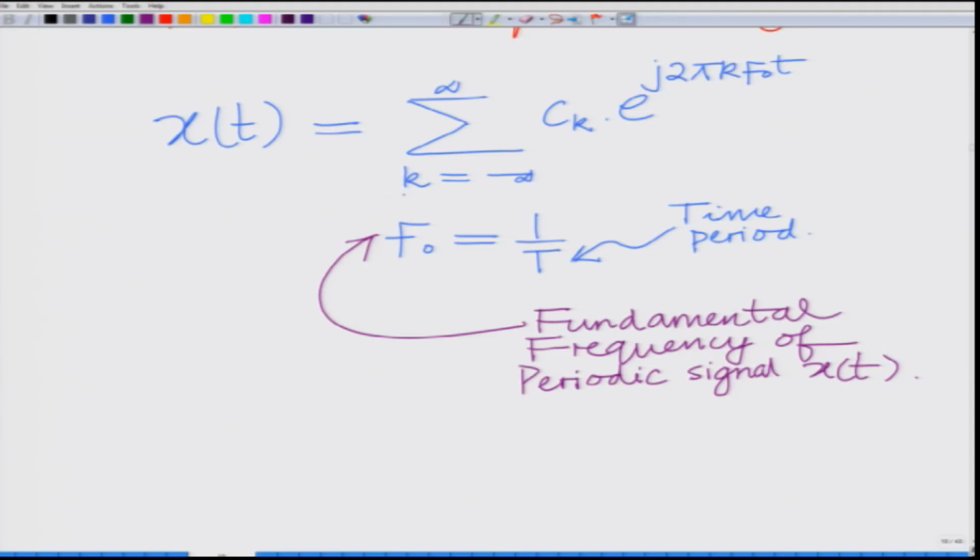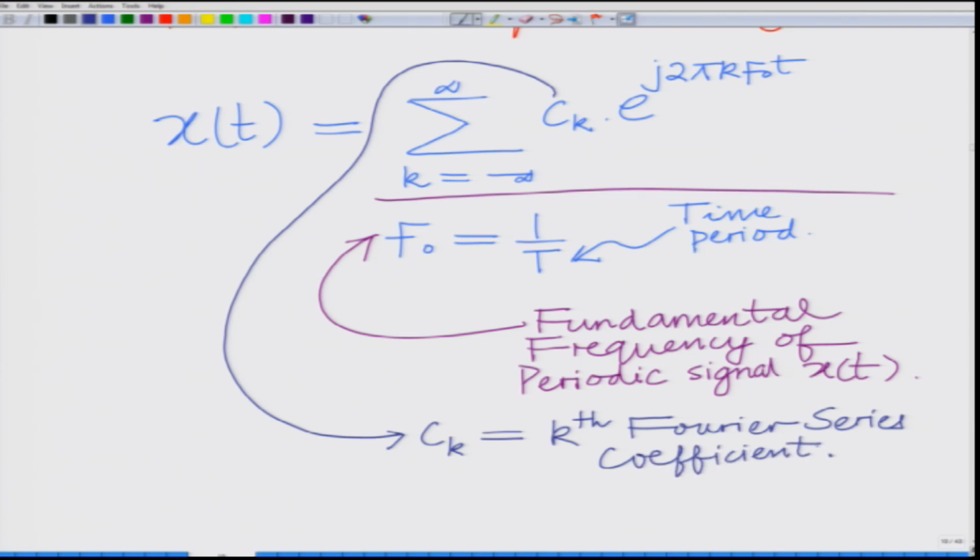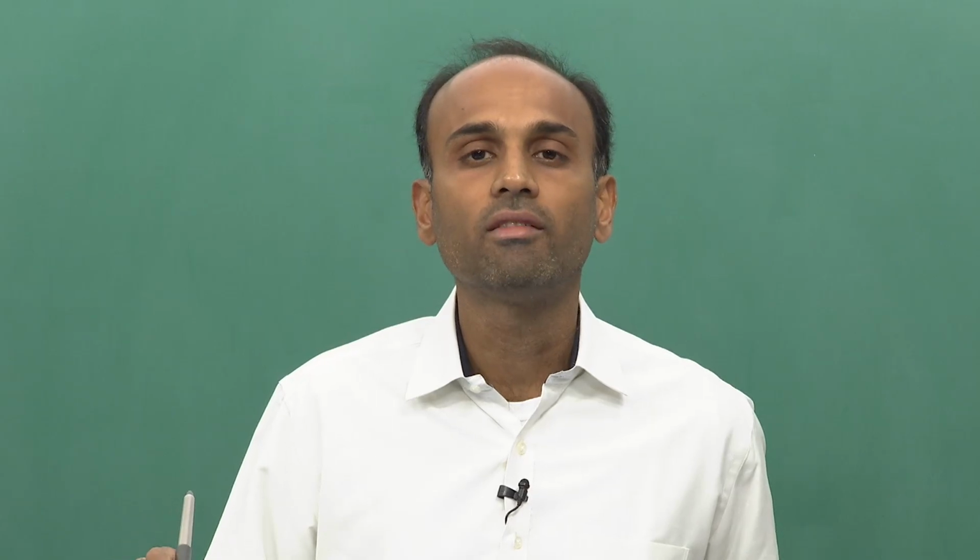And this is the Fourier series representation: the summation of c_k e to the power of j 2 pi k f_0 t, where f_0 is the fundamental frequency, 1 over capital T, and T is the time period of the periodic signal.